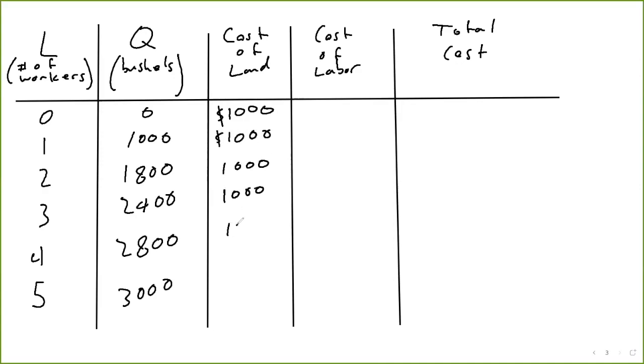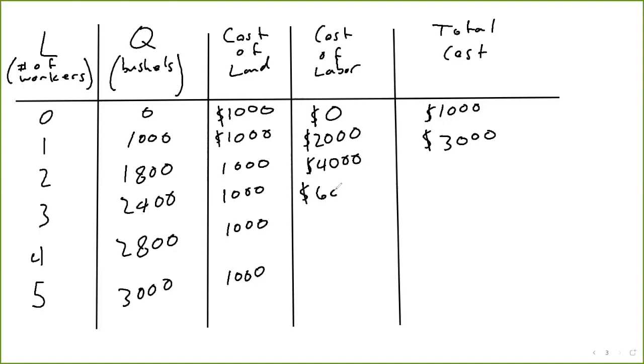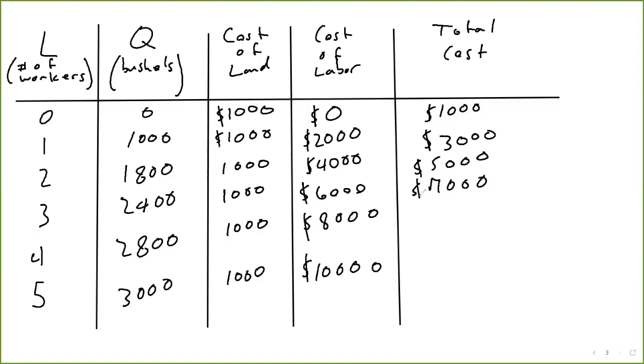It's always $1,000. So when you have 0 workers, your cost of labor is $0, but you still have a positive total cost because you have that capital that you're paying for. And then when we add a worker, we still have that cost of the land, but now we have a wage to pay them. Let's say we pay them $2,000. So now total cost is 3,000, and we can do this for each worker.